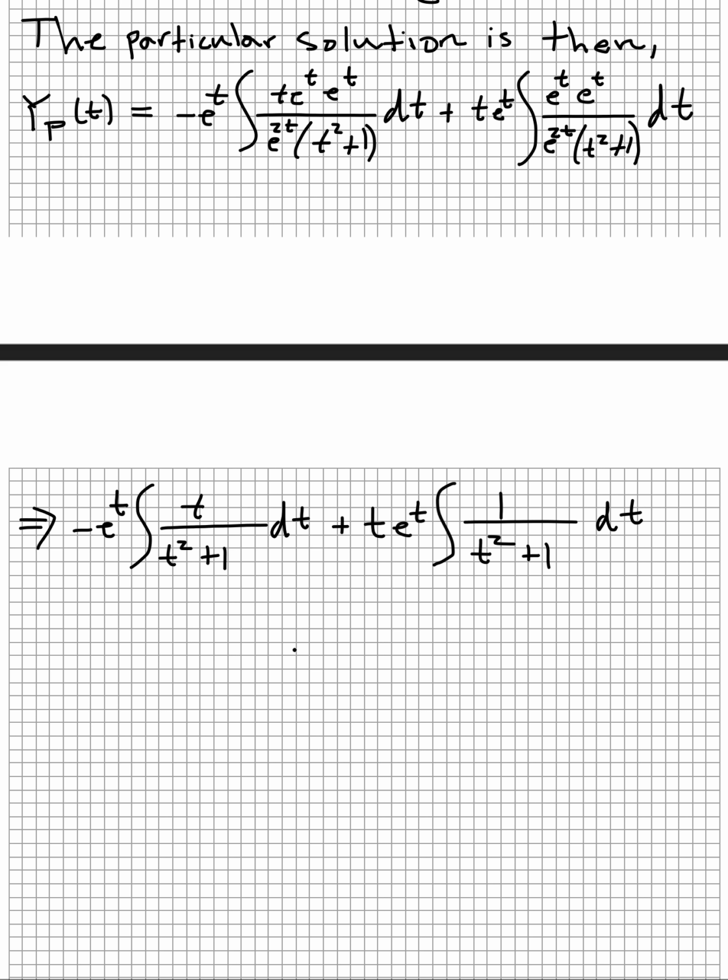If we simplify this one more time by solving the integrals, we end up with minus 1/2 e to the t times the natural log of 1 plus t squared, plus t e to the t times inverse tangent of t.